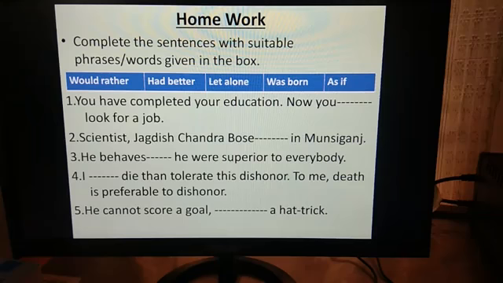Because I have used 10 phrases, but we still have more than 10 phrases in your books. In my second class, I will add another 10 phrases if there are any, and then I will give another 5 exercises to you. Okay, so dear students, here comes the end of our class.